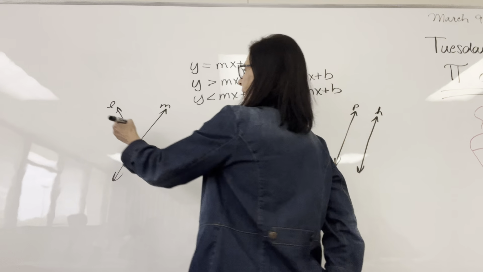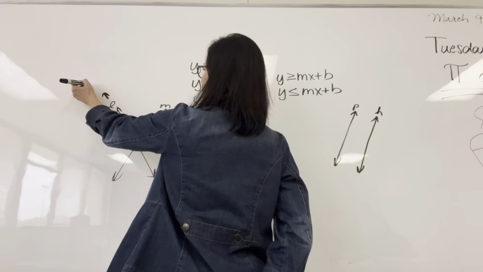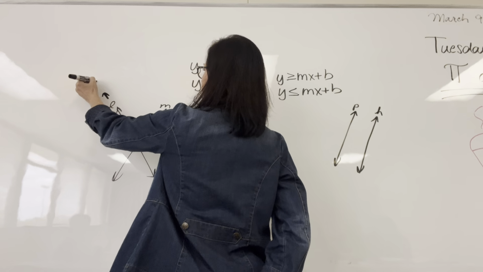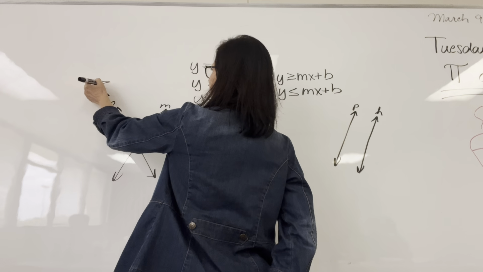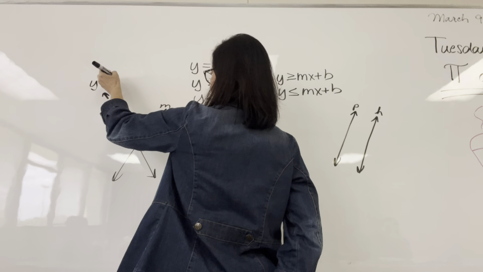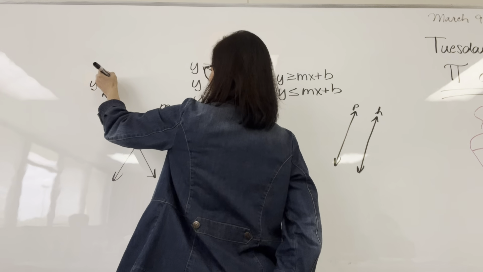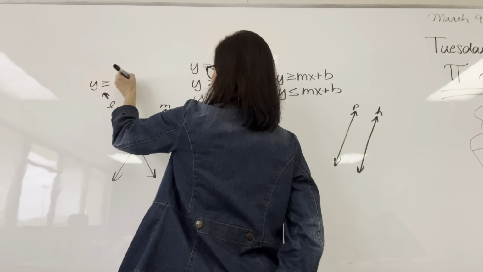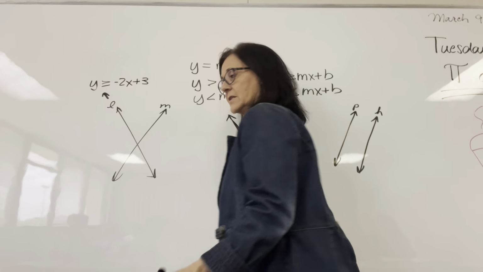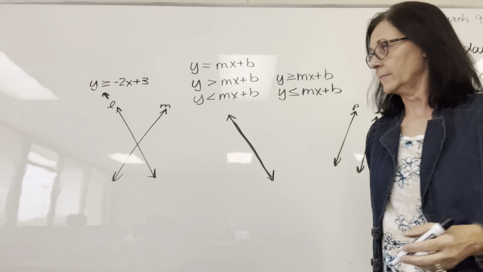All right, let's say for L, the equation is y greater than or equal to negative 2x plus 3, because the slope's negative, right?